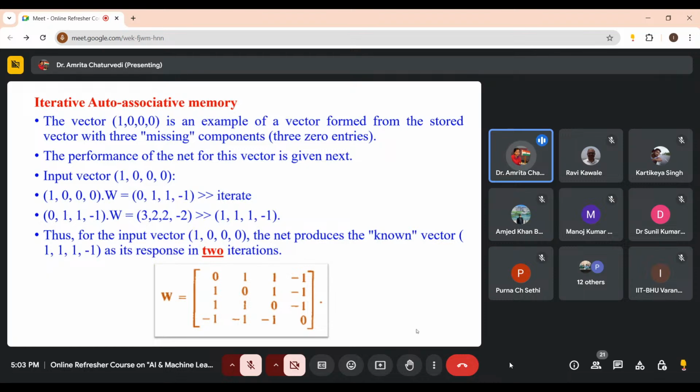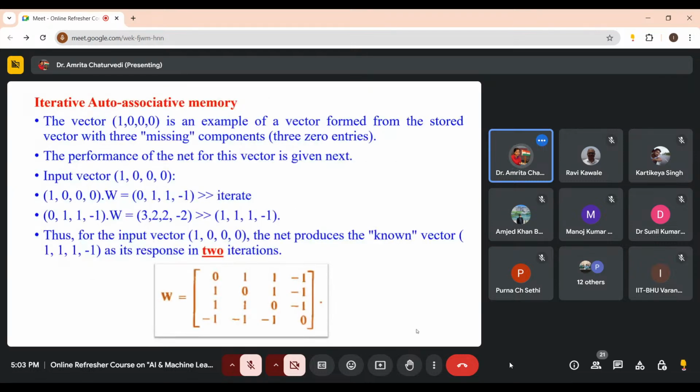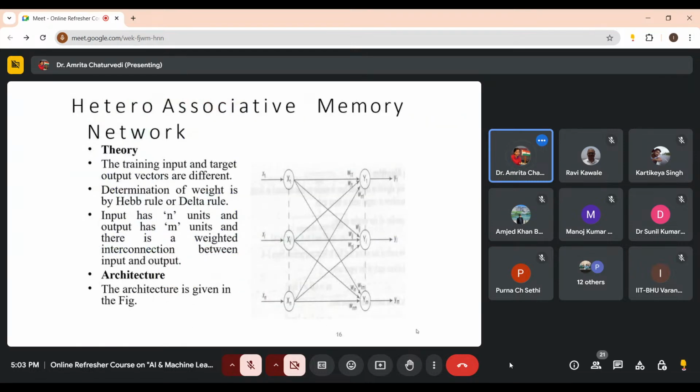So for the input vector 1, 0, 0, 0, the net produces the known vector as the response in two iterations, right? So this iterative auto-associative memory network is working, and in multiple iterations it is able to recognize the known value. Another type of associative memory network is your hetero-associative memory network.